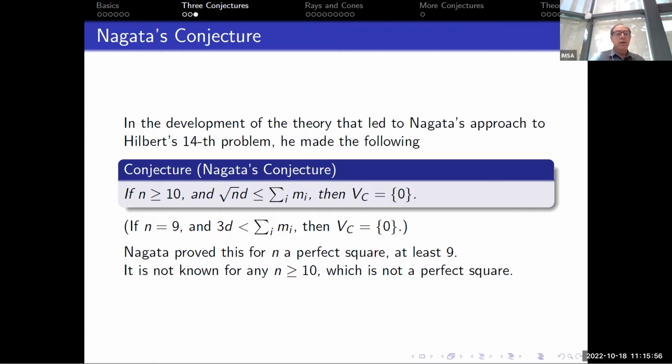He made the following conjecture. Suppose you have 10 or more points, and you have this equation that the square root of n times the degree is less than or equal to the sum of the multiplicities. So this is in some sense some constraint on the degree. If the degree is too small, then the conclusion of Nagata's conjecture would be there are no polynomials. Okay? Constraint.